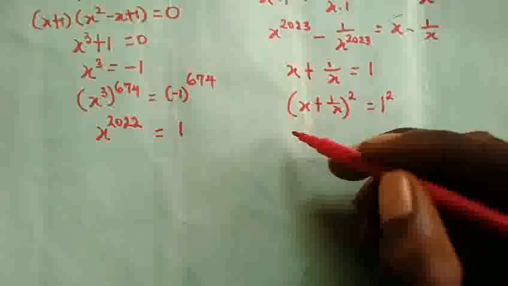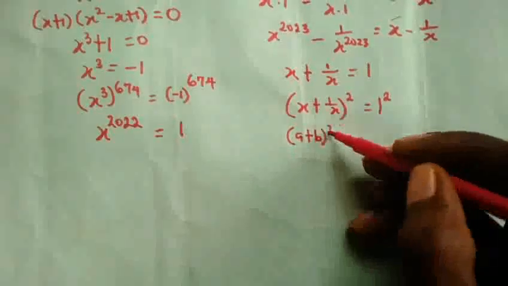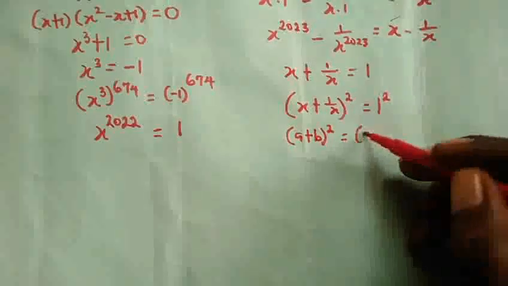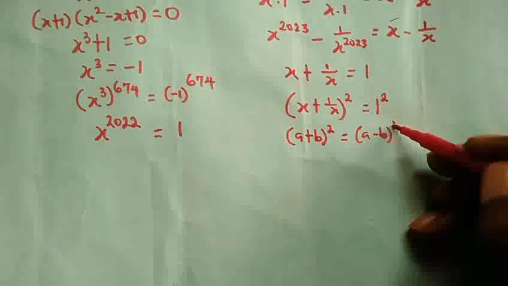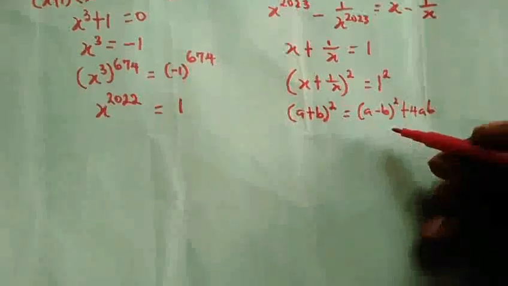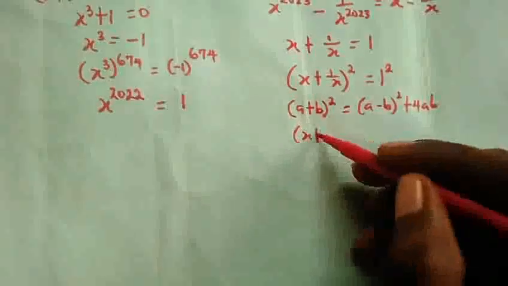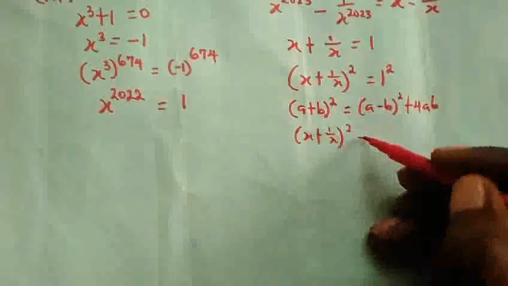Now let us use the following algebraic identity, that a plus b squared is the same as a minus b squared plus 4ab. Now we have x plus 1 over x squared is equal to 1.